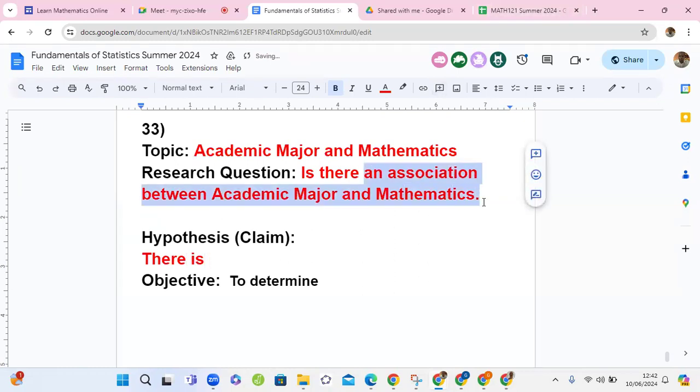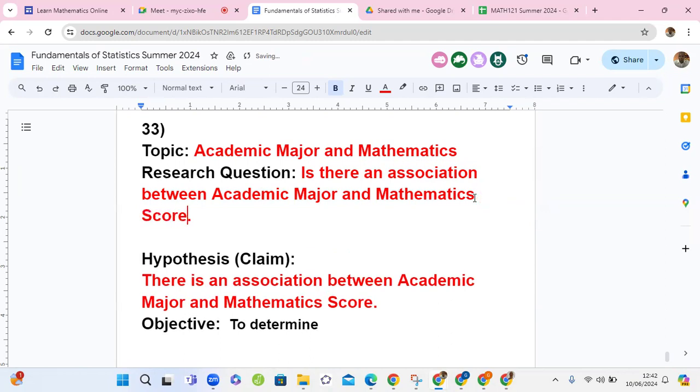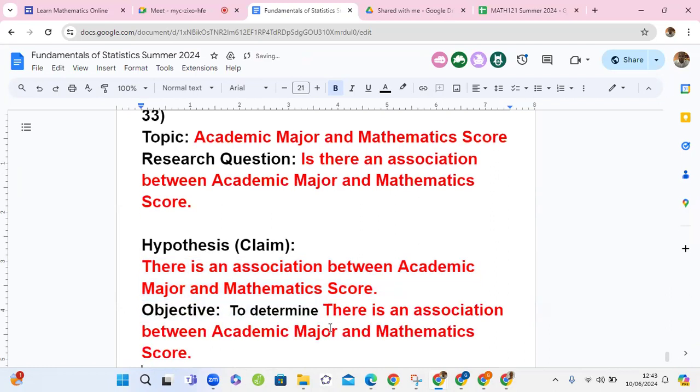There is an association between academic major and mathematics score. So the objective now is to determine if there is an association between academic major and mathematics score.